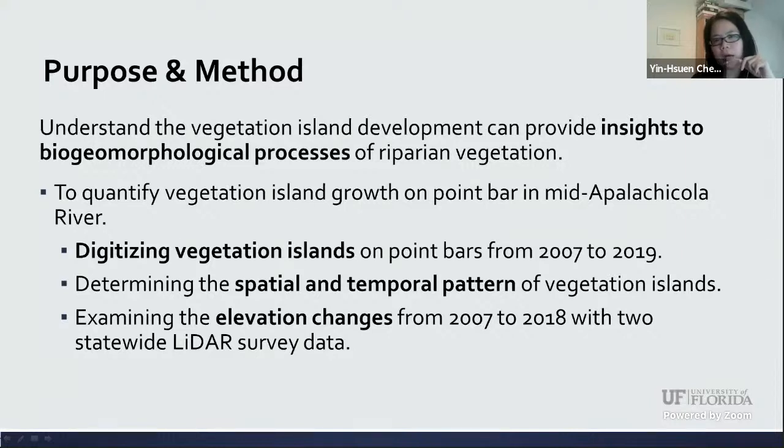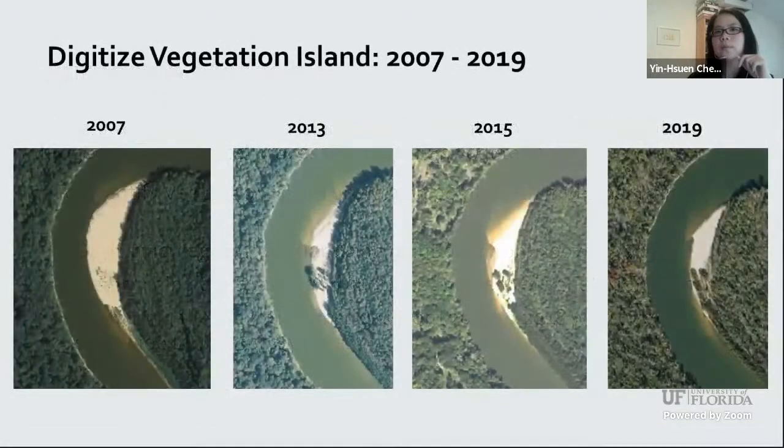So we want to couple this elevation information with the vegetation growth. That's why I only digitized the 2007 to 2019 vegetation islands. We also try to determine the spatial and temporal patterns, as well as how the elevation changes between the two LiDAR surveys.